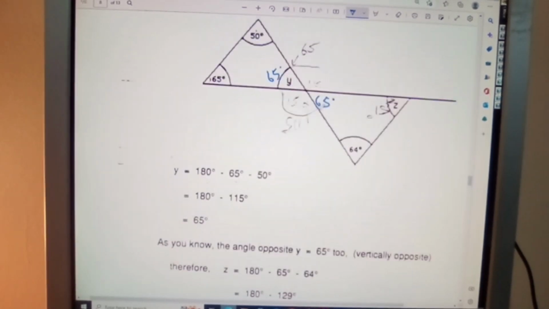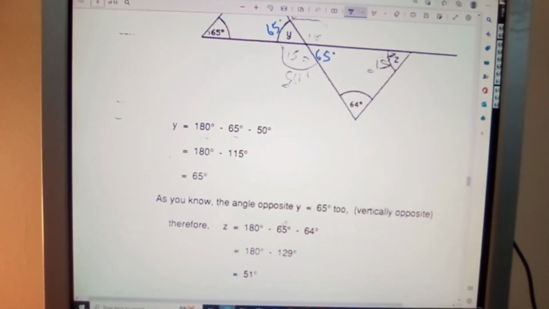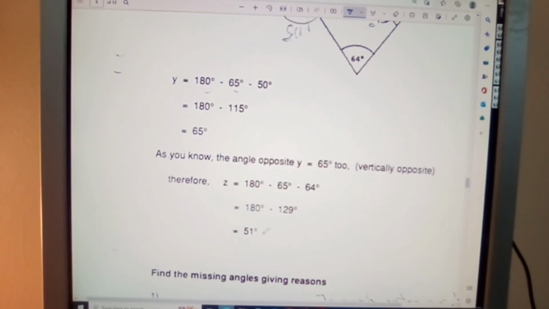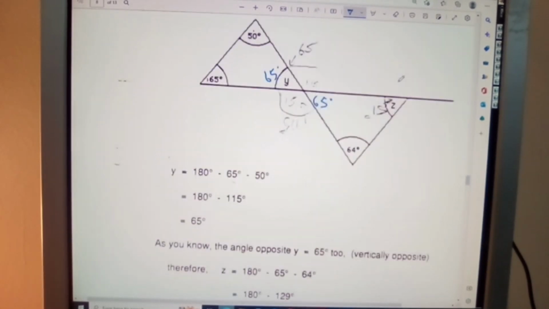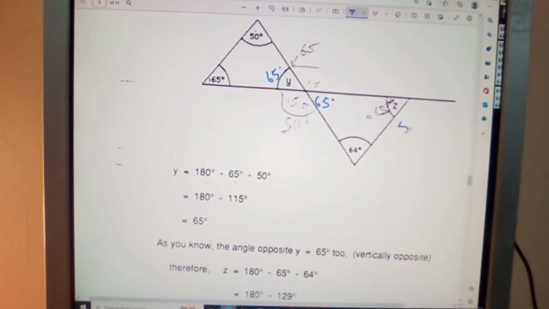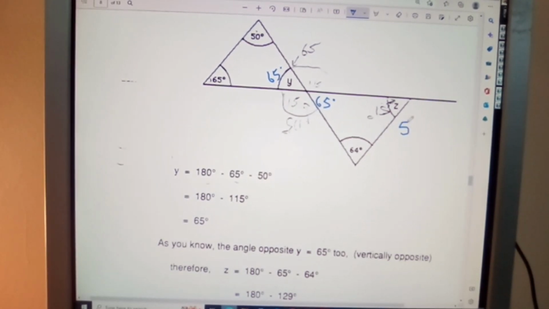So 180 minus 65 minus 64 equals 51 degrees. And we got our z here, which equals 51 degrees. That's quite correct. That is equal to that.